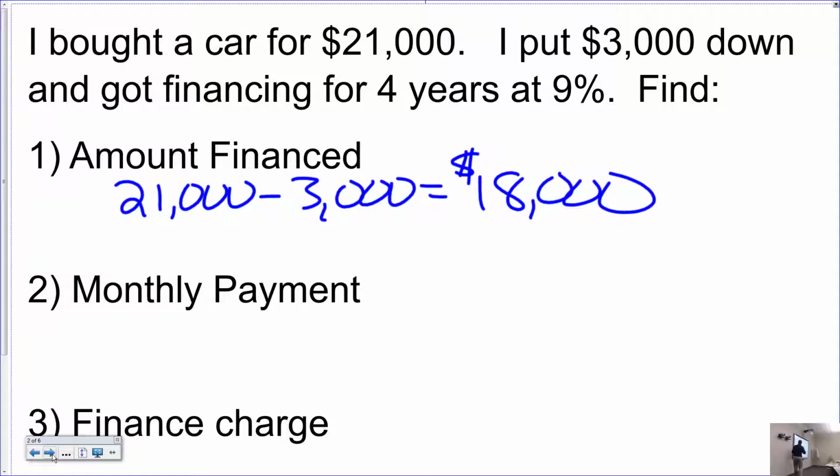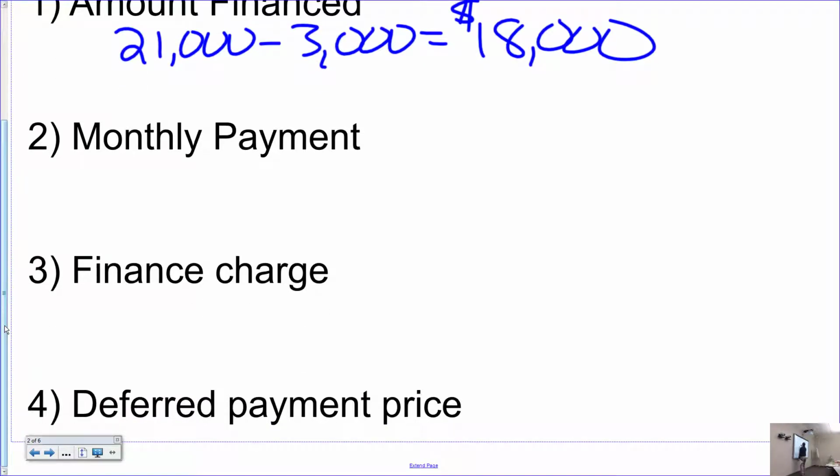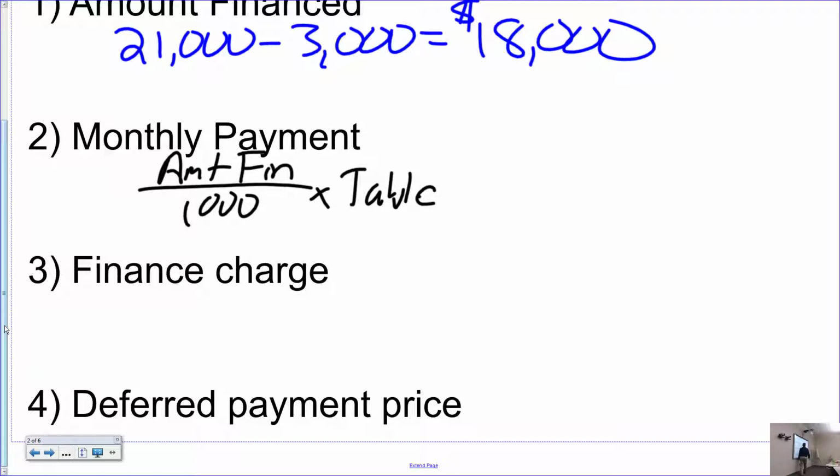Note that the monthly payment is per $1,000. So the idea is you have to take the amount financed, divide it by 1,000, times the table entry, and that will get you your monthly payment amount. It's just that calculation straight up, right? So we're going to take 18,000, divide by 1,000, and now what's our table entry for 9% for how many years was it? 48 months. 48 months.